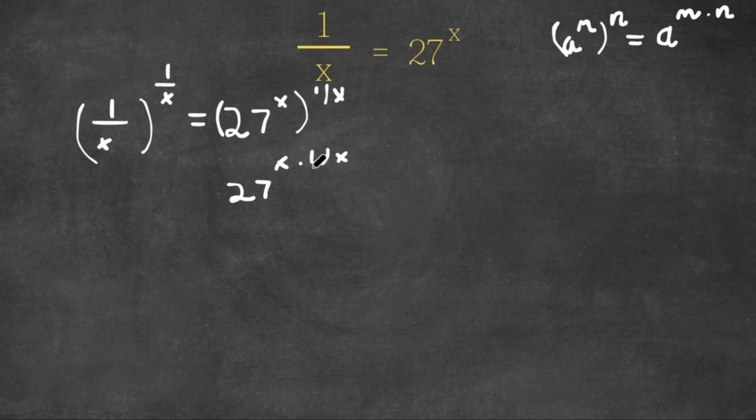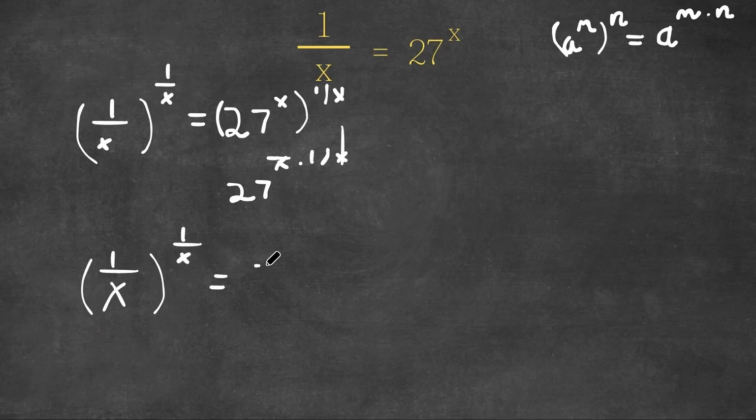For x times 1 over x, these x's simply cancel out, and we are simply left with 1. So this would be 1 over x to the power of 1 over x is equal to 27 to the power of 1.